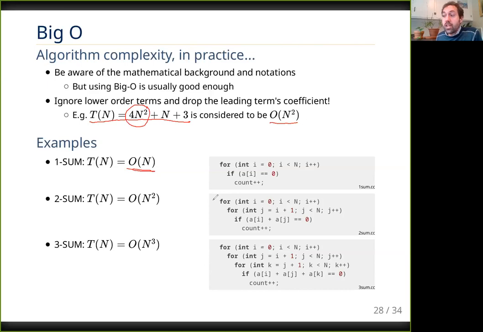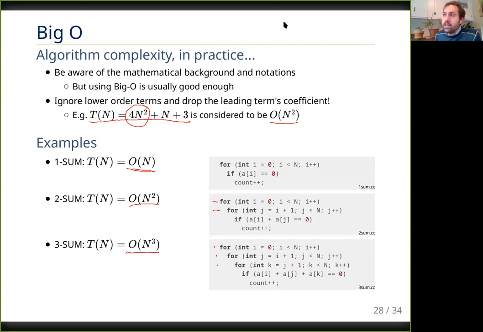The two sum, which had two for loops, so going through the collection twice, with the combination of two nested for loops, would be a complexity of big O of n squared. And finally, three sum, which has three nested for loops to go through the entire collection of numbers, will have a big O of n to the power of 3.